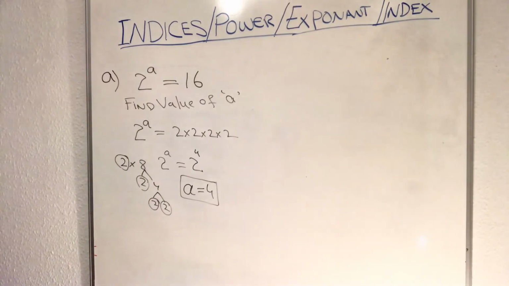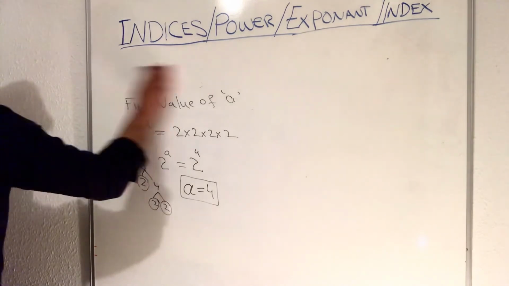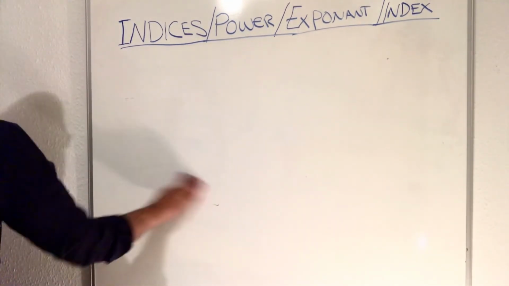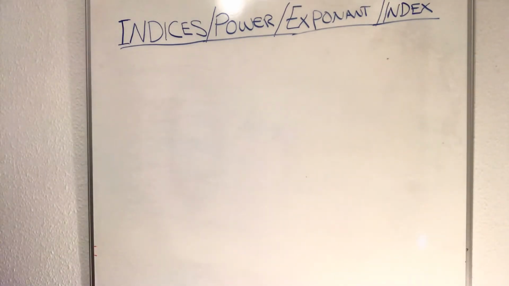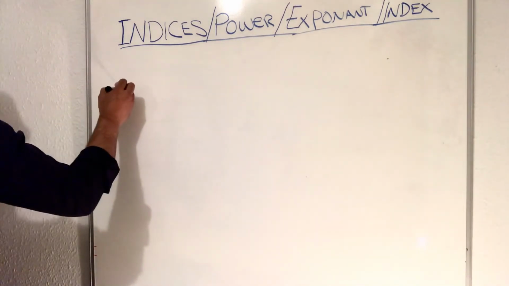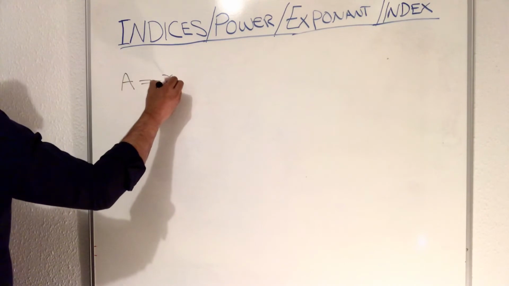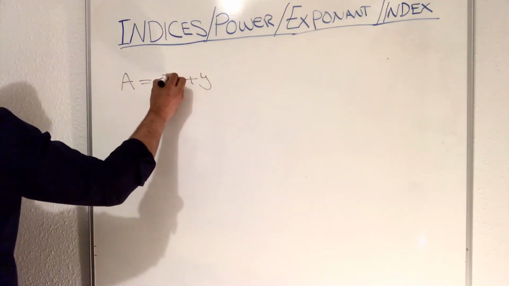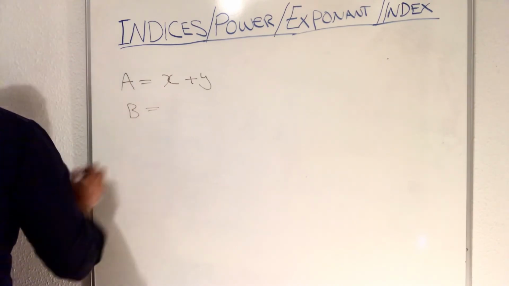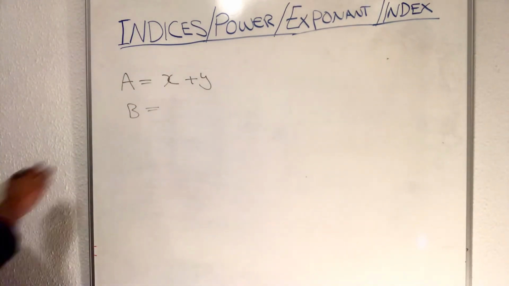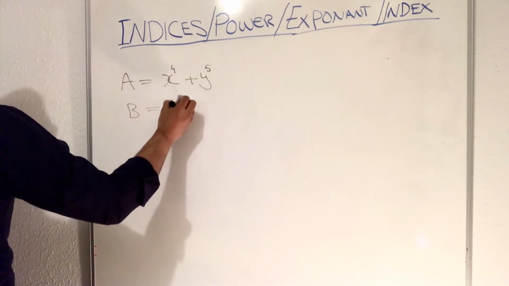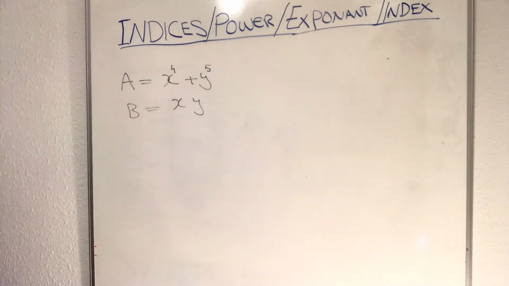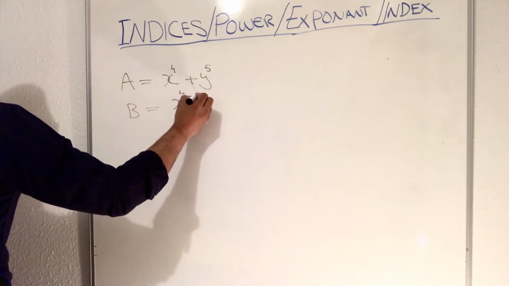So another one. They will give you values like a is equal to x power (4 plus y), and b is equal to x power 4 times y power 5.